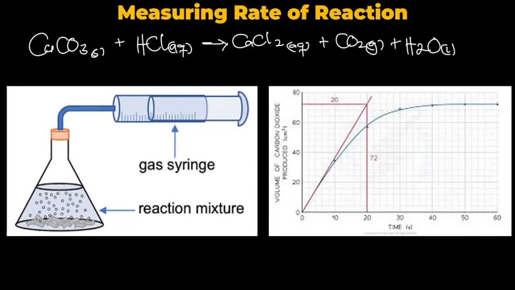And as time goes on, the HCl, which is the limiting reagent, will be getting consumed, which means that it will be decreasing in concentration. And what is the effect of decreased concentration on rate of reaction?